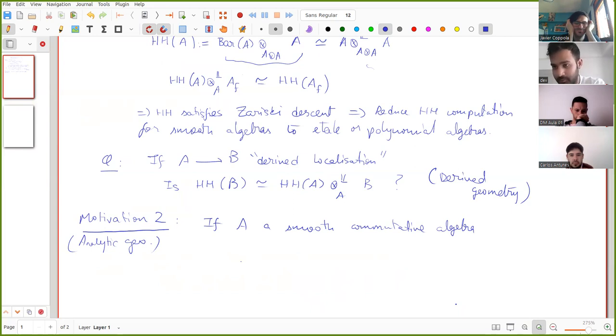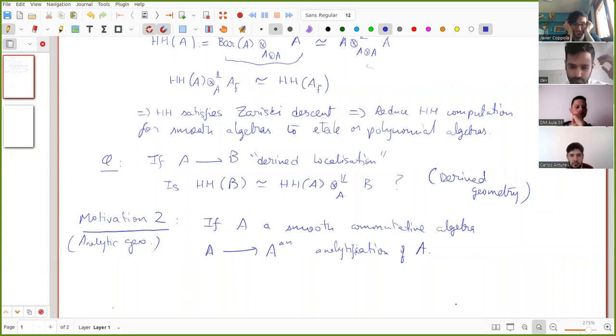Now in analytic geometry, as the name suggests, you want to take something that is just an algebra and you want to endow it with a topology. So what you can do is you can take the analytification of the algebra. Let me also put this in quotations because at the moment we don't know what it means.